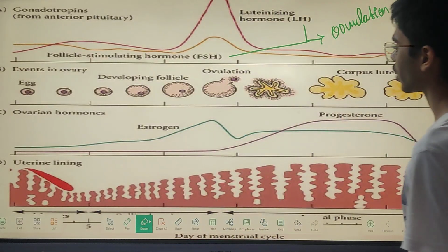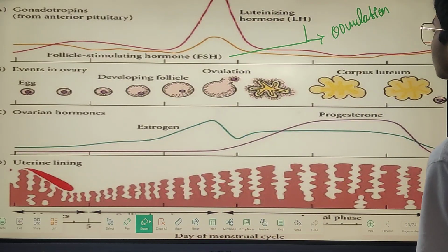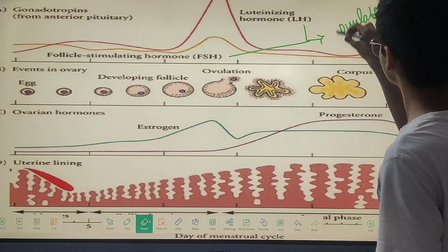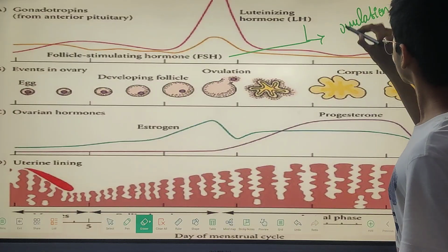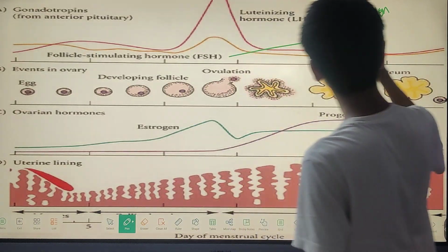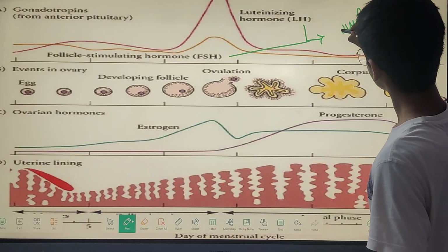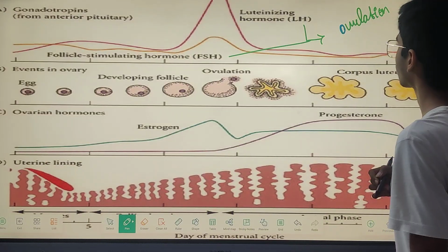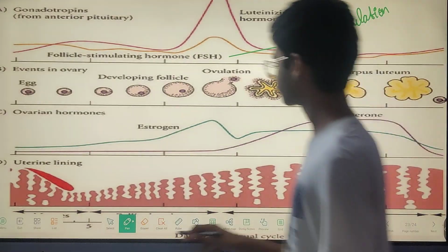Why did I write the double O? Here also I wrote double O. In the process of ovulation.